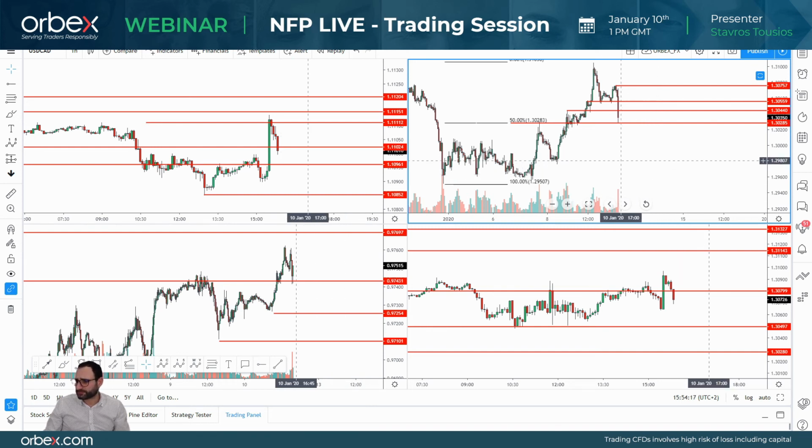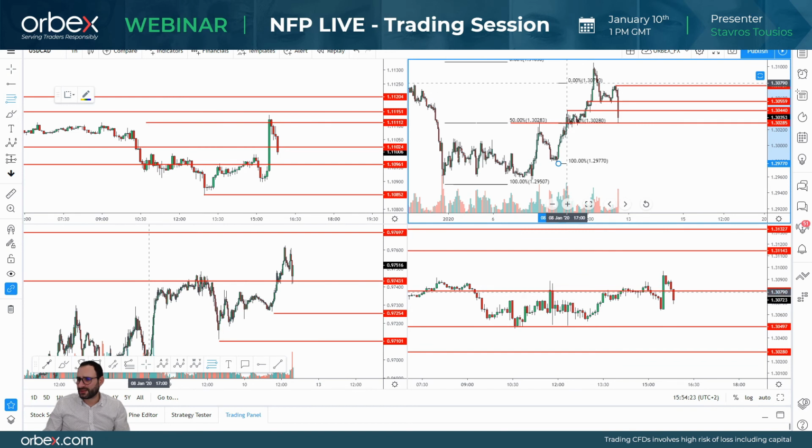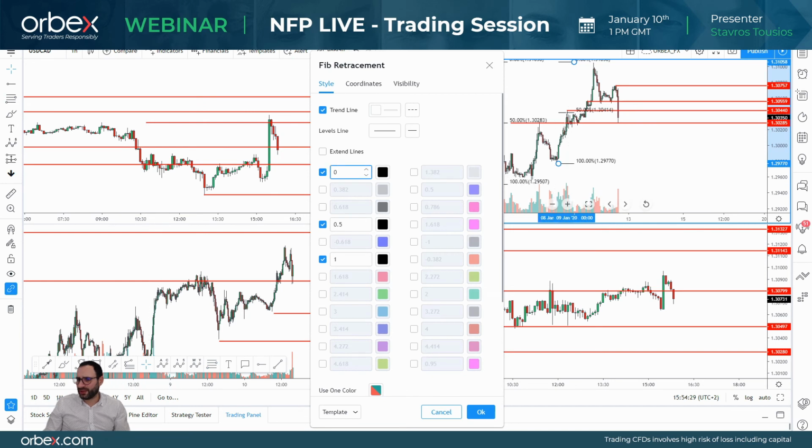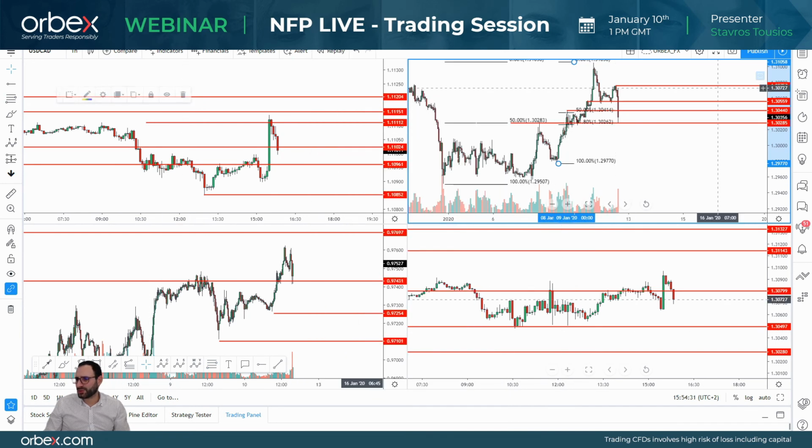Now, with that being said, for the second Fibonacci I want to do this other move to the upside, which is over here. In that case, I see also that the 61.8 Fibonacci retracement, the golden ratio here, comes out to about the same level, 130.26.